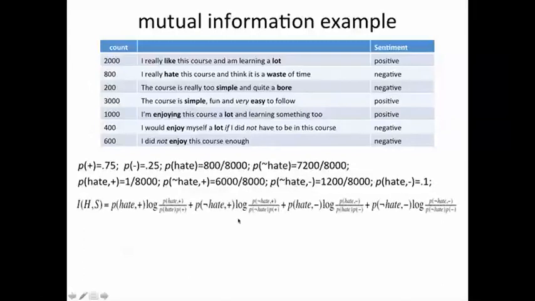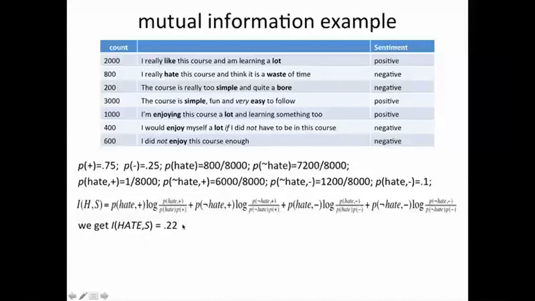The mutual information between the word hate and the sentiment plus or minus is obtained by plugging into the formula, and you have 4 terms in the formula, one for hate plus, not hate plus, hate minus, and not hate minus, and the result is that we get the mutual information between hate and sentiment is 0.22.